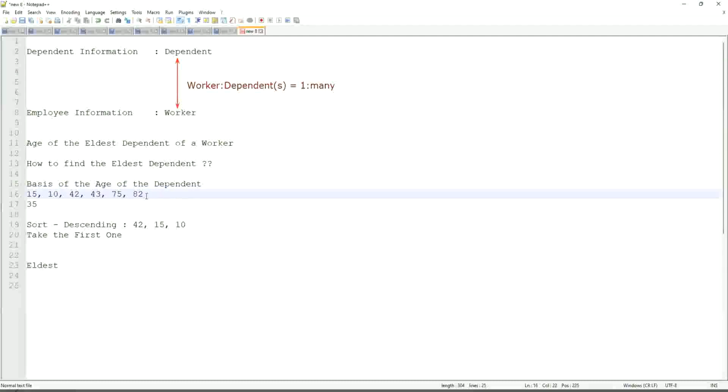So the first thing that we are going to do is find out the eldest dependent. So we will sort the dependents based on the age. Right. And then we will see what is the criteria on the basis of which we are choosing. But first, you realize that we are going to store the new calculated field in which business object, worker or dependent?